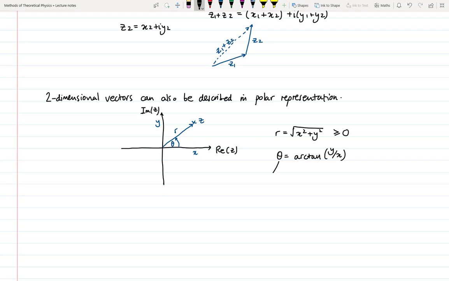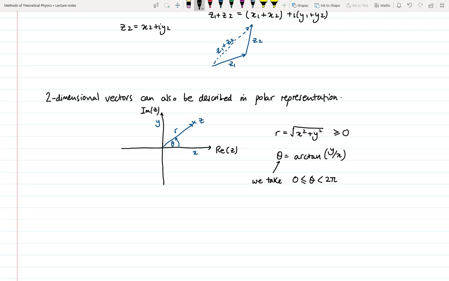Now we're going to revisit this next point a little bit later, but for now I'm just going to note that we take theta to lie between 0 and 2 pi, where the 0 is inclusive and the 2 pi is exclusive.